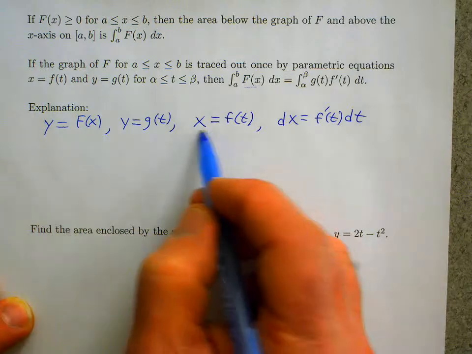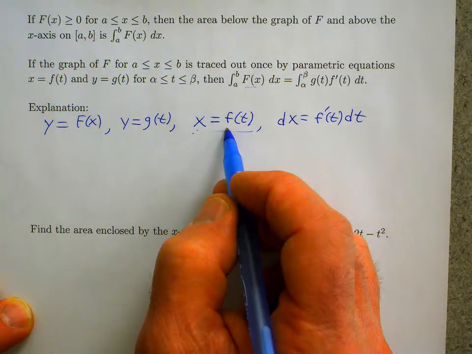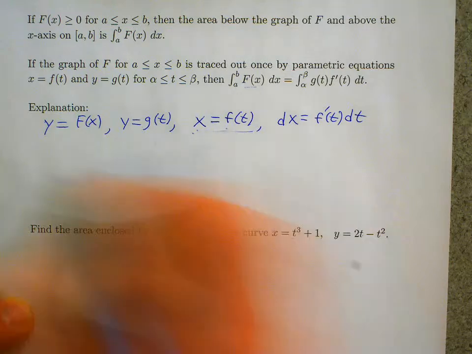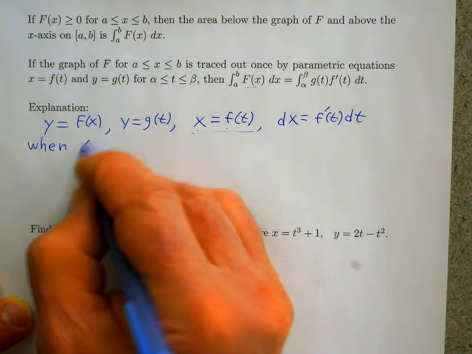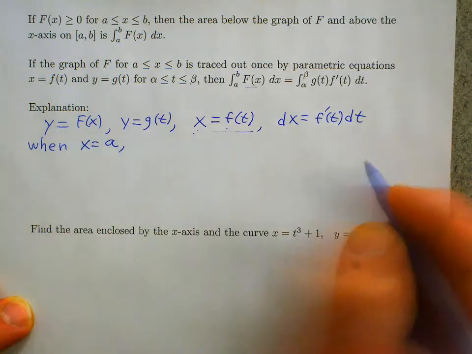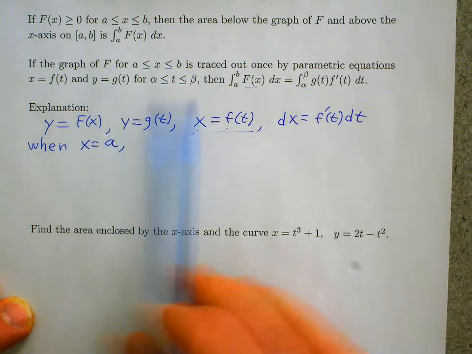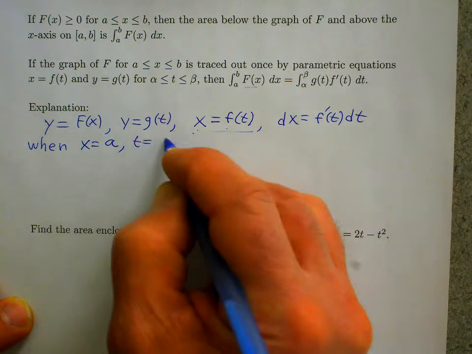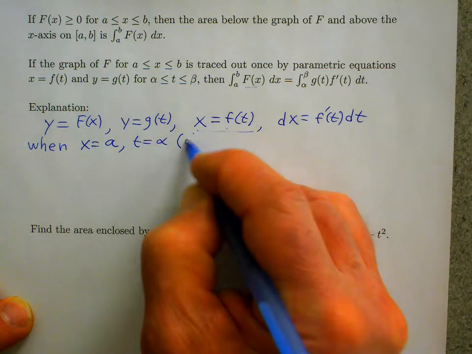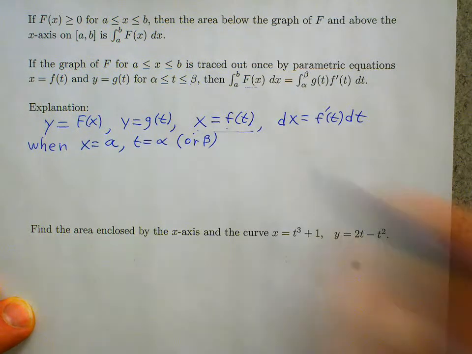And since x is equal to lowercase f of t, since the parametric curves trace out the function capital F, we can say that when x equals a, t is equal to alpha or beta, one or the other.